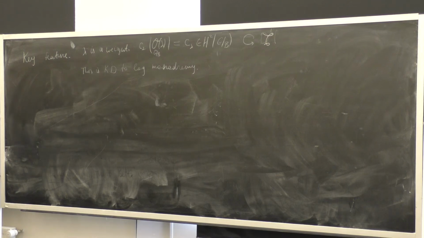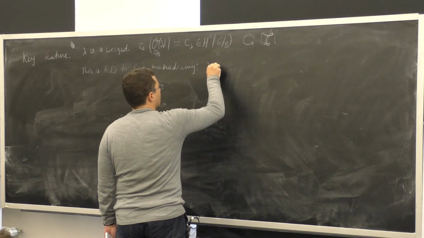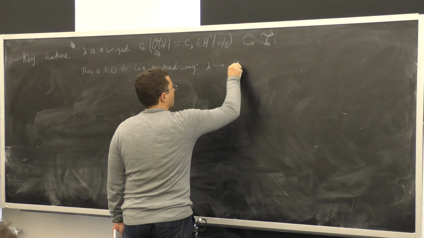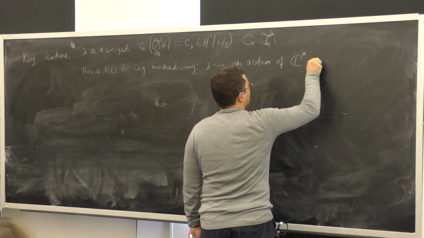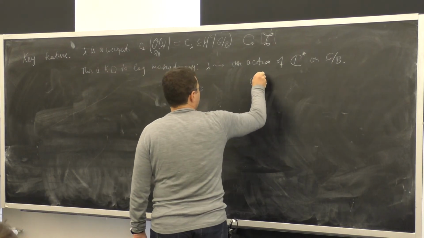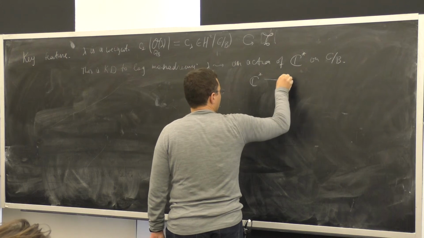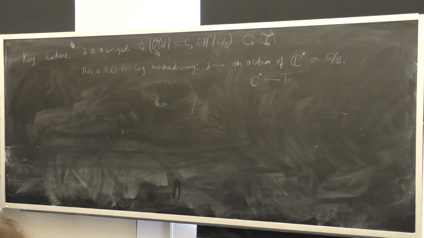Namely, to lambda one can associate an action of C star on G mod B, just sort of maps to the maximal torus and checks on G mod B. But my objects here are not necessarily B equivariant, and so it preserves the orbit.